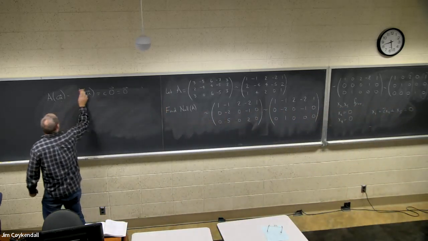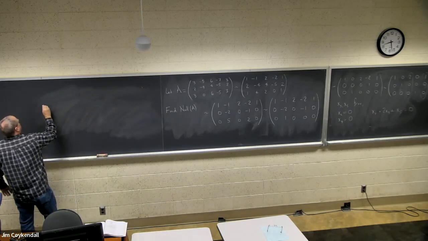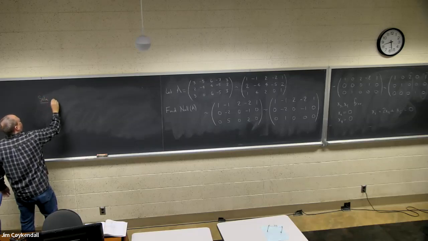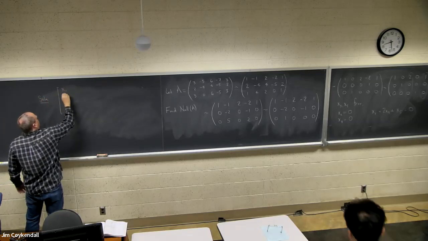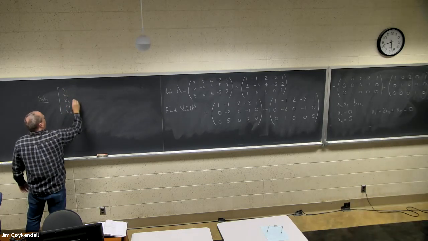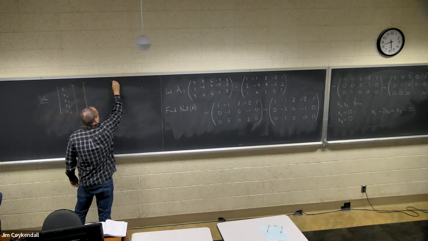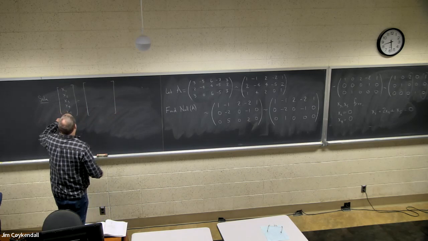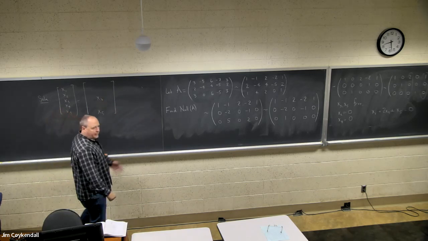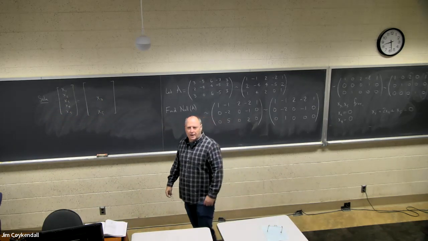So if I put this together, let's see what we got going on here. Well, x5 and x3, they're free. So all you've got to do is put those in there.